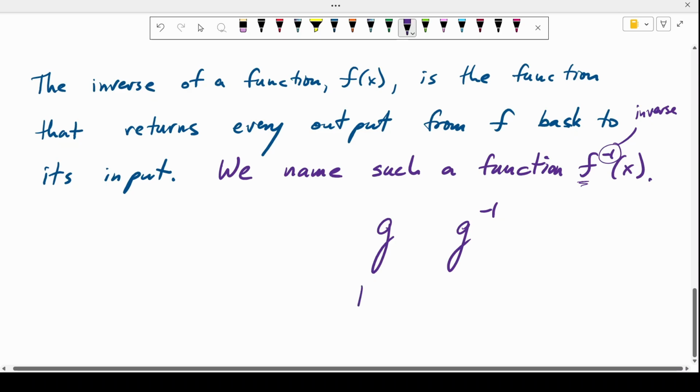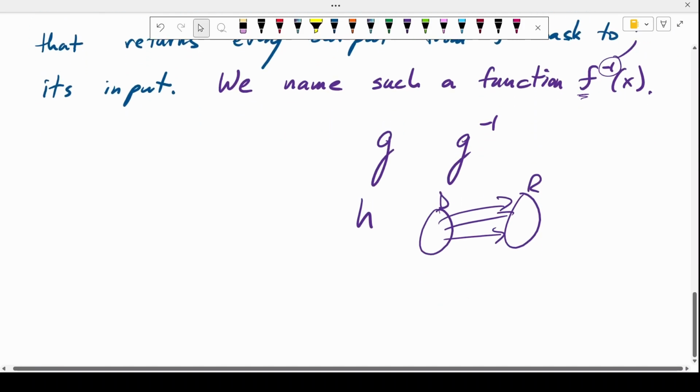If we had a function h that maps a whole bunch of inputs to a whole bunch of outputs in the range, and then we found another function that went back the other way and put all the outputs back on the exact same inputs, we would call that h inverse.